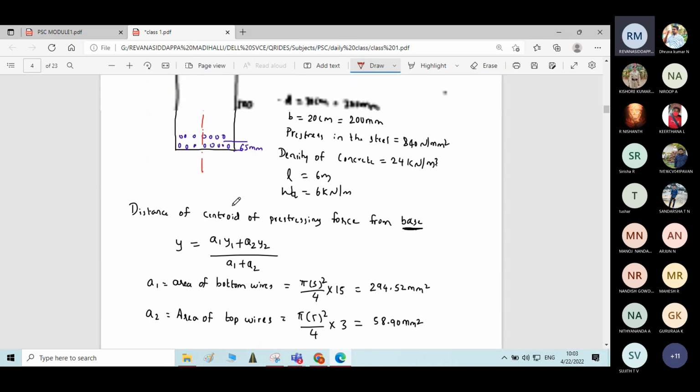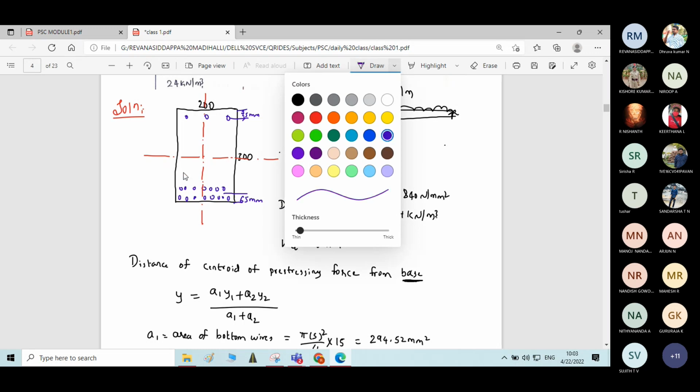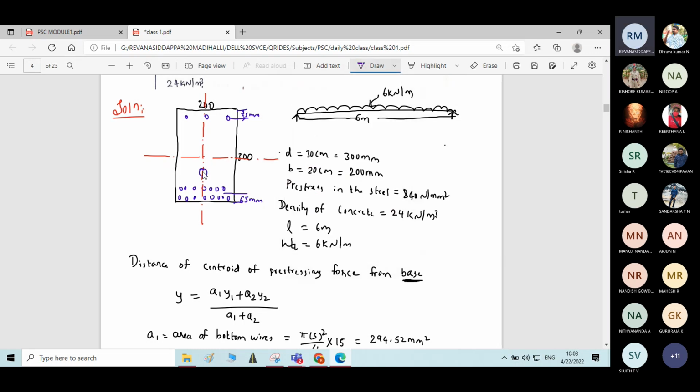We got it as 100 mm. 100 mm means somewhere here we will get it. So at a distance of 100 mm we have the centroid of the prestressing force, or the resultant of the prestressing force which acts on the section.